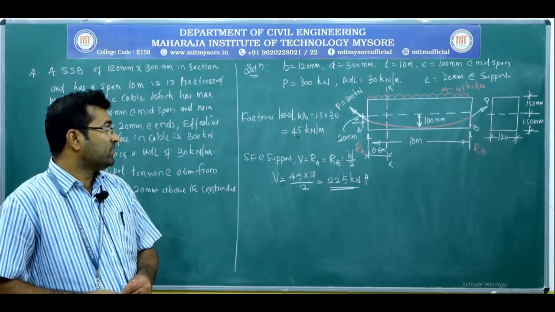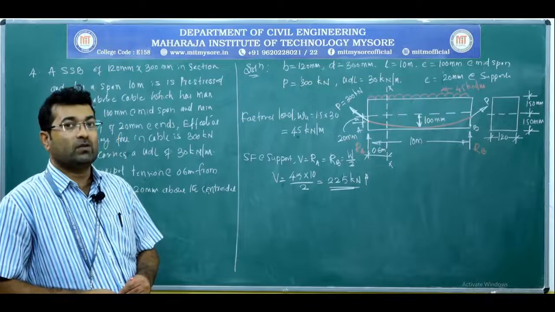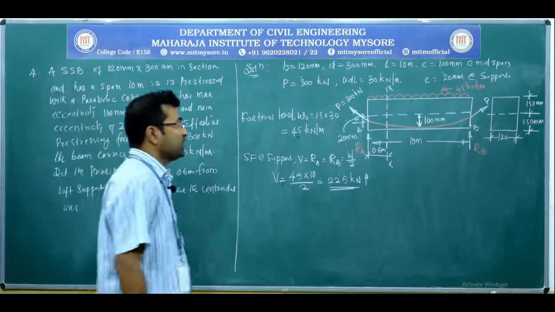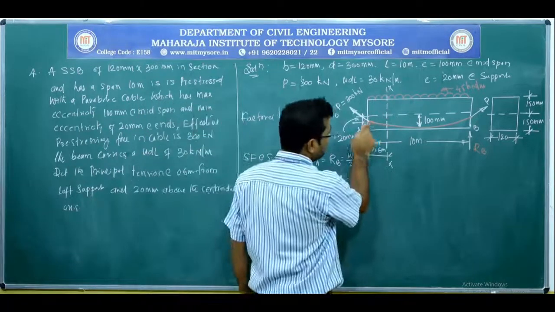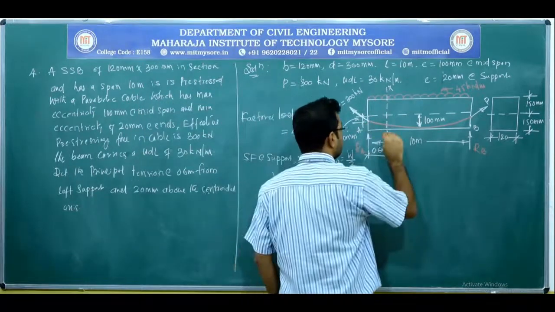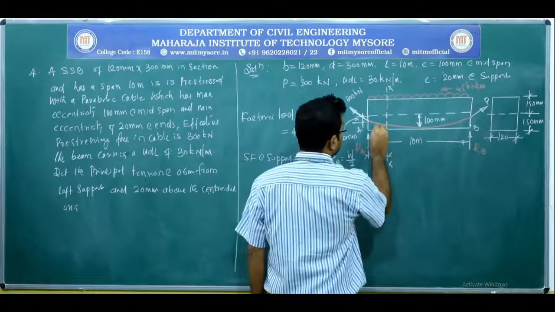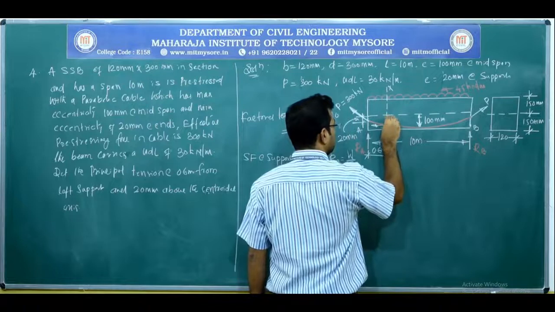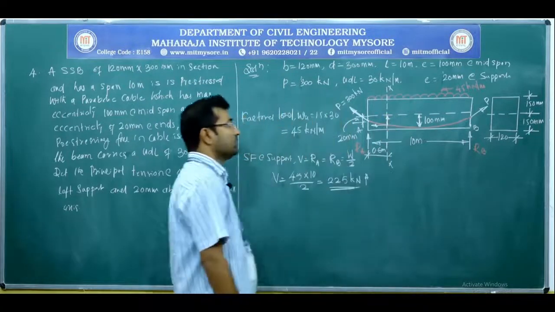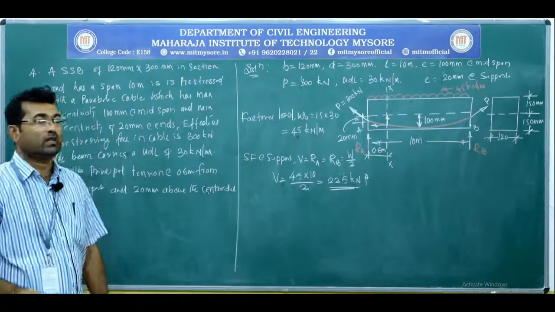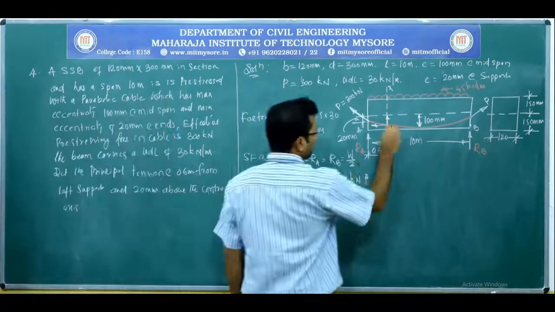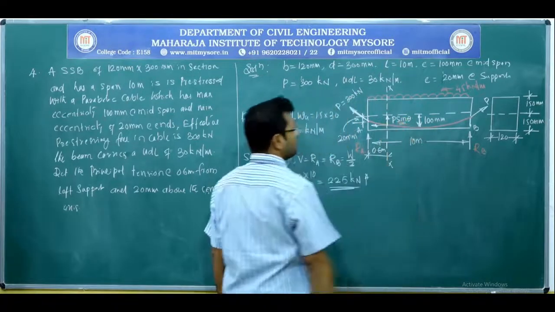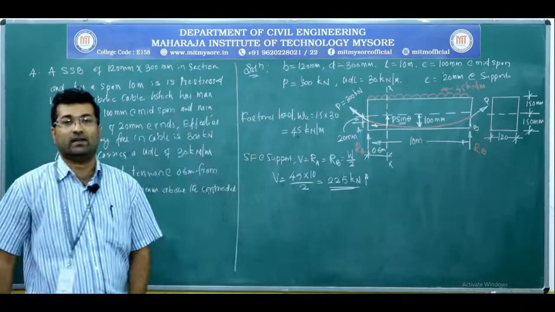Now, apart from this, we have to calculate how much is the vertical pre-stressing force. See, as the cable is parabolic in nature, as we have discussed in the previous class, it will have its components in the vertical and horizontal direction. So we need the vertical component, P sin theta.